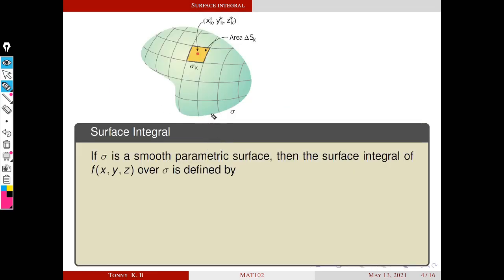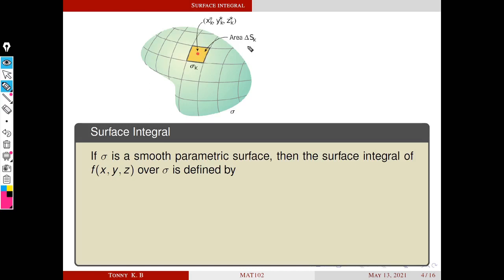The procedure is similar to our line integral. First we subdivide the surface sigma into n small patches having area delta s_k, for k equal to 1 to n. So delta s_k is the area of the kth patch.